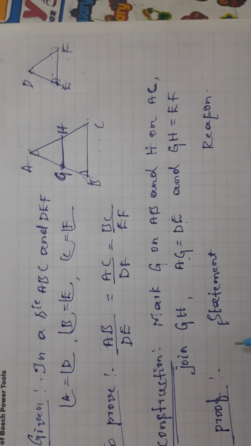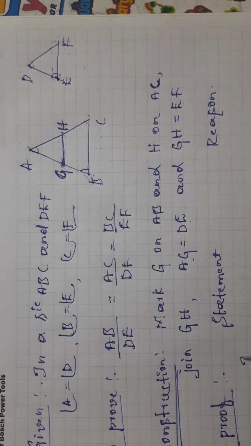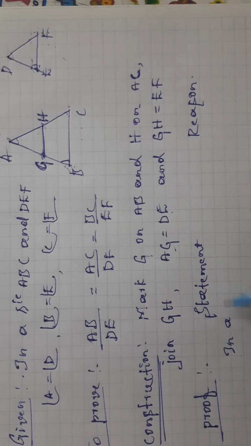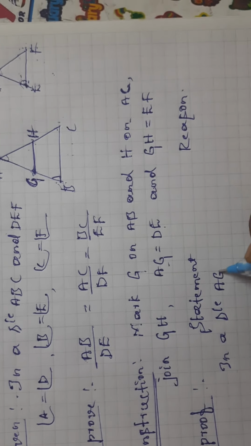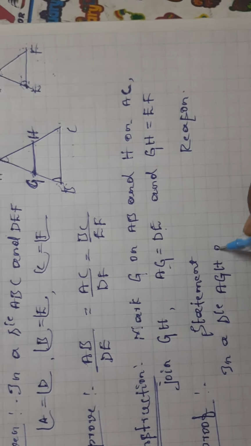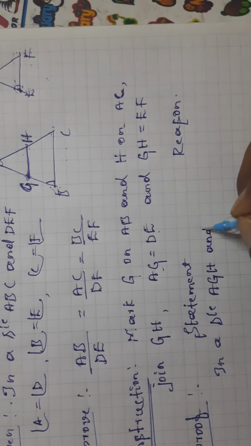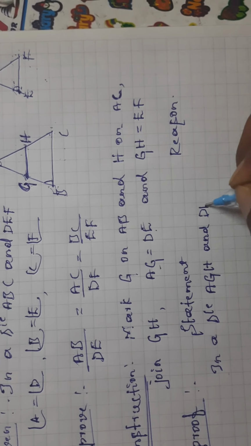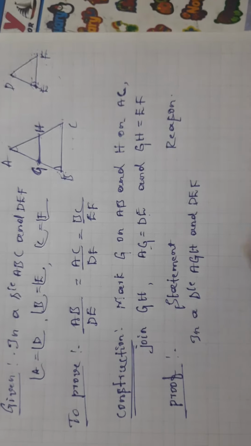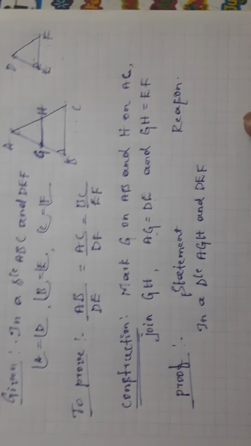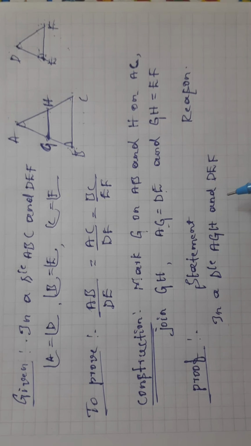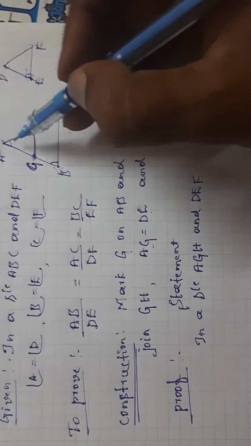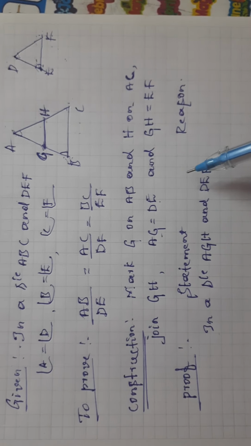Taking the first triangle, in triangles AGH and DEF, according to the SAS postulate. What is the SAS postulate?